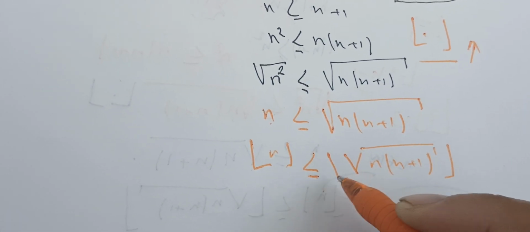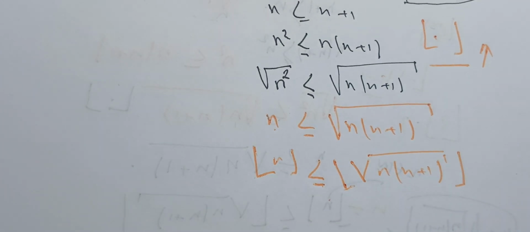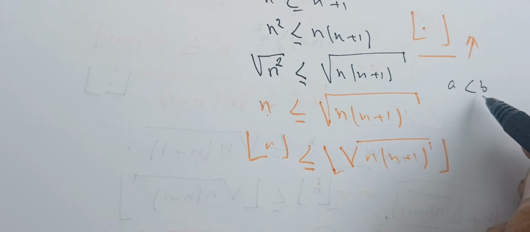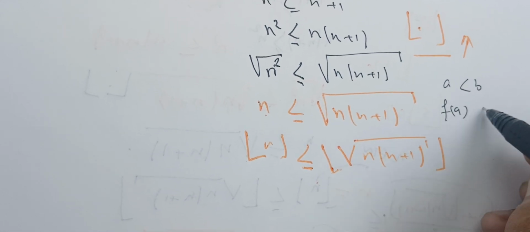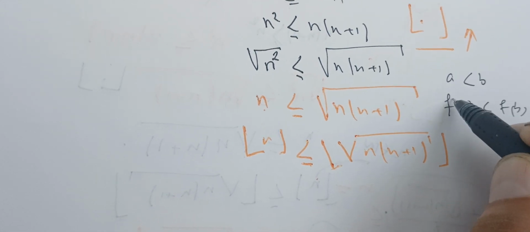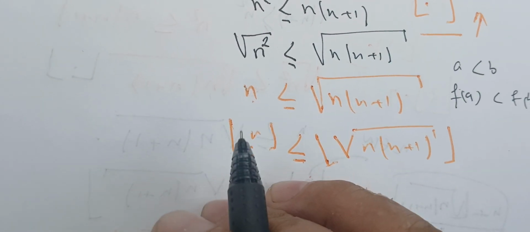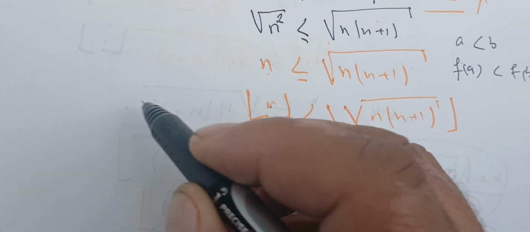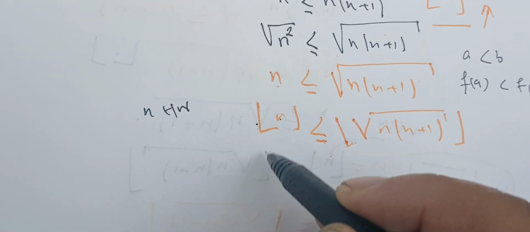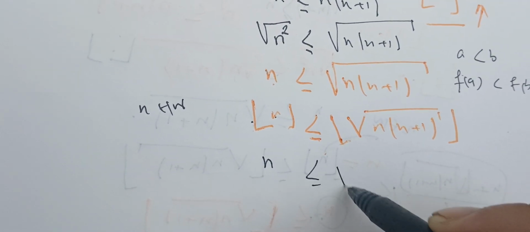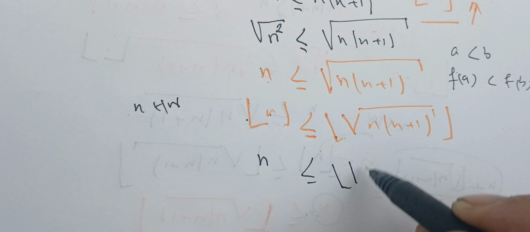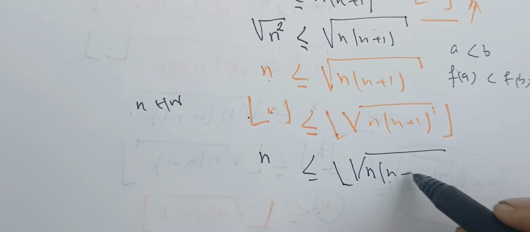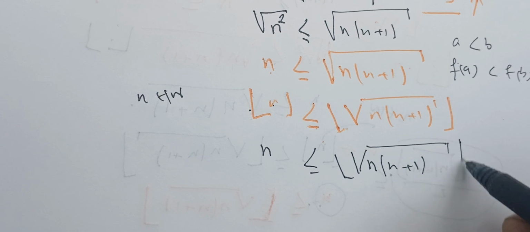Remember what increasing means: if a is less than b and we apply an increasing function f, then f of a is less than or equal to f of b. In our case, f is the floor function. Since n is a natural number, the floor of n is just n, and therefore n is less than or equal to the floor of the square root of n times (n plus 1).